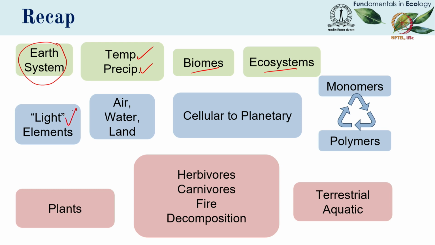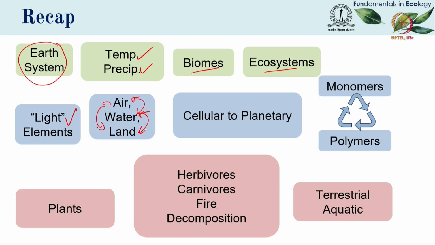Now life consists of light elements. The heavier atoms in the periodic table generally are not associated with living forms. Only a handful of elements: carbon, nitrogen, oxygen, hydrogen, and occasionally a few metals. That's it. Life consists of chemical reactions involving the lighter elements, and these lighter elements circulate between air and water, air and land, and then back.